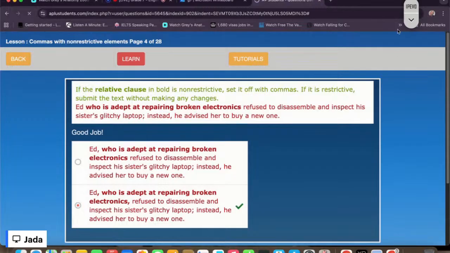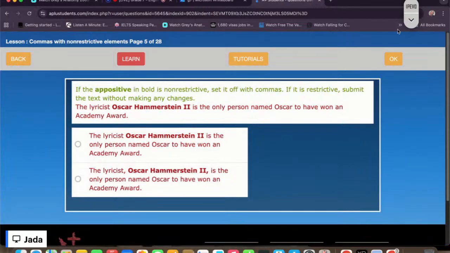Okay. All right, so what do you think is the right one for this? Is it the first or second? So the lyricist Oscar Hammerstein II is the only person named Oscar to have won an Academy Award.